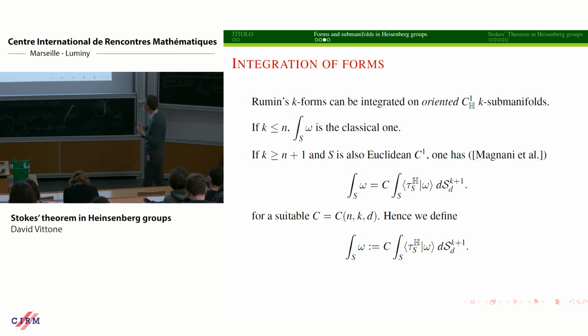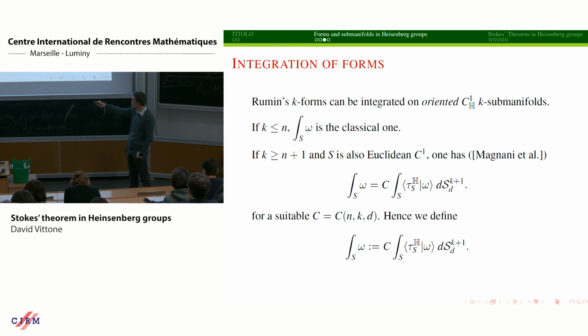Magnani and co-authors, Franchi, Serapioni, Serracassano, and partly also ourselves, showed that whenever you have a submanifold S which is Euclidean C1 and without characteristic points, and which is also intrinsic C1, then this integration corresponds to this integral.